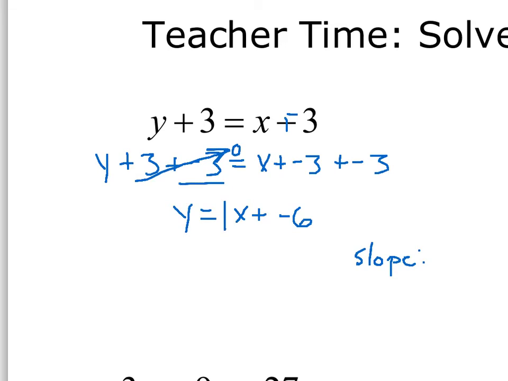If we wanted to write that in rise over run form, we'd write it as 1 over 1. What is our y-intercept? Give it to me in coordinate pair form. Quintana? 0, negative 6. Remember that plus b, whatever's added over there is our y-intercept.